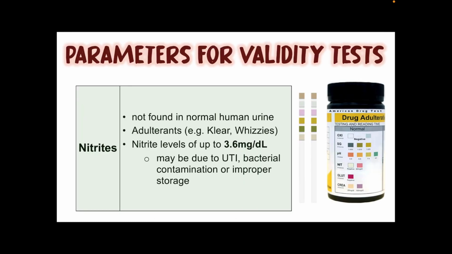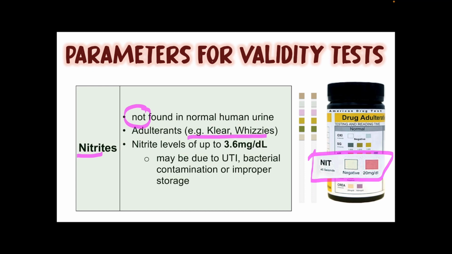So one of the parameters for validity test is the nitrite. So here it's indicated the negative and the positive color. So for the nitrite, again, it is not found in normal human urine. However, some adulterants such as the Clear and Wheezy's brand, so they use nitrites to oxidize and destroy the major cannabinoid metabolite in the urine specimen. So that is the tetrahydrocannabinol carboxylic acid.